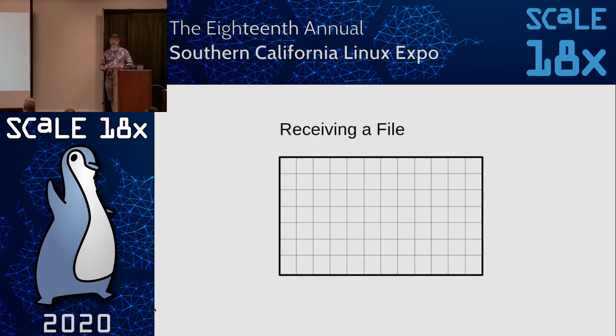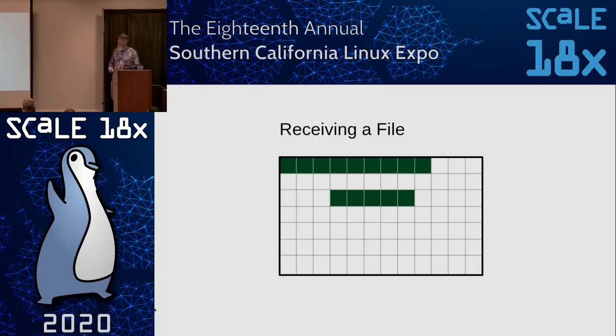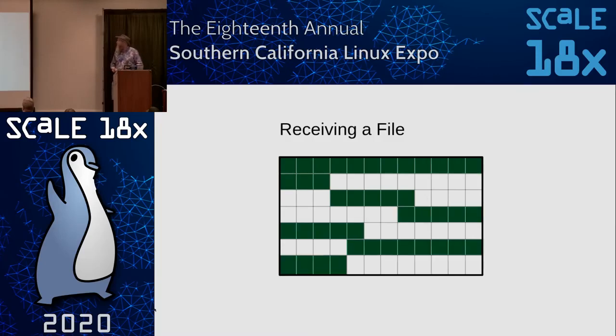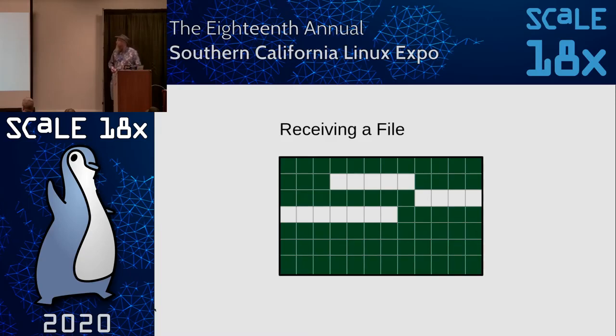Now, we receive a datagram, and it's got an offset of 0 and a size of 4, so it just goes in there. And then we receive another one, and it's got an offset of 4, so we just plonk it in there. But this is UDP, of course, so these packets could arrive in any order. We don't know, but we also don't care. We've got the offset, so the data arrives, and we just stick it in any old where.